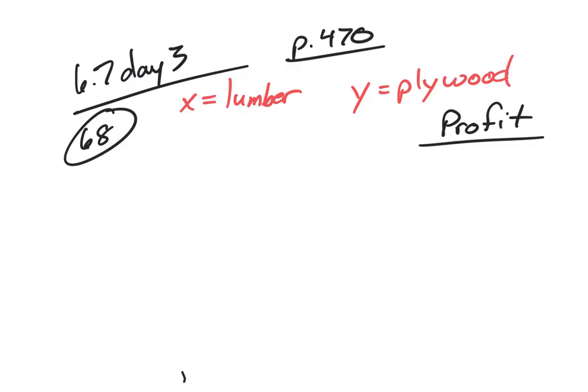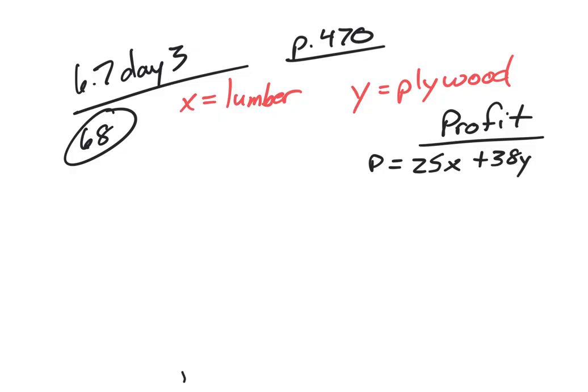So in this one, we make $25 profit for each unit of lumber, and we make $38 profit for each unit of plywood. That's one of the things we're going to put over there to the side and leave alone until we get to the end. I just like to get it out of the way so it doesn't confuse us on the rest.